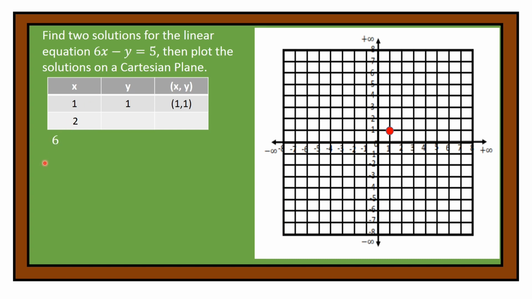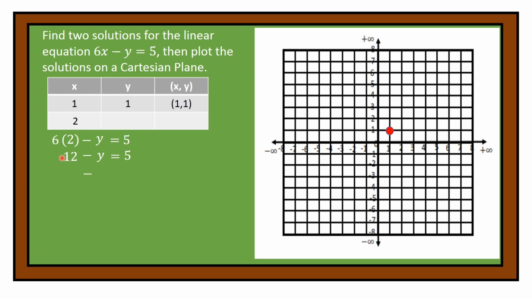So copy the 6, and then x will be replaced by 2, minus y equals 5. So this still came from the original equation, which is 6x minus y is equal to 5. So 6 times 2, we have 12. And then copy minus y equals 5.